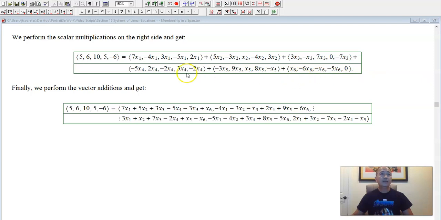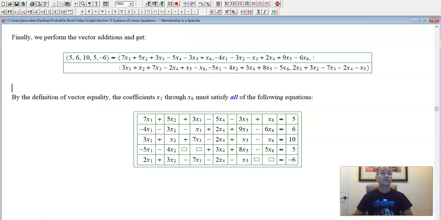So finally, we perform the vector sum. We have 7x1 plus 5x2 plus 3x3 minus 5x4 minus 3x5 plus x6, which we will find in the first component of this vector. And we are going to do exactly the same thing for each of the other 5 components of this vector.